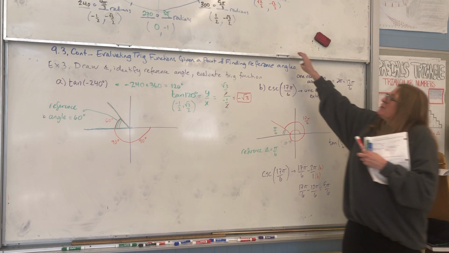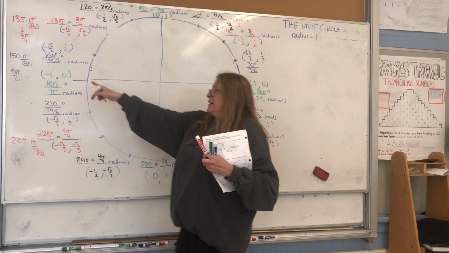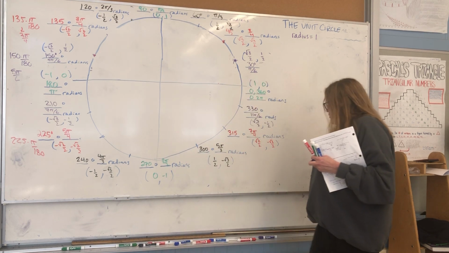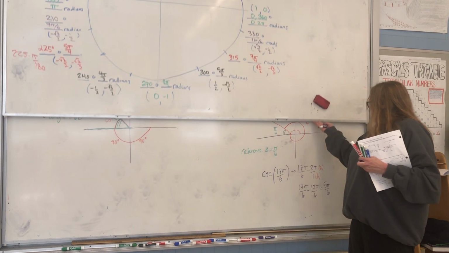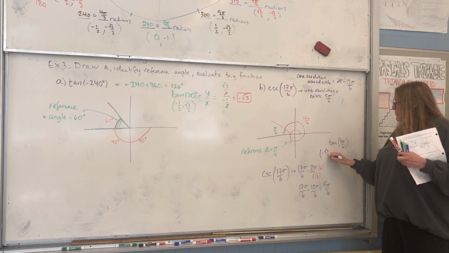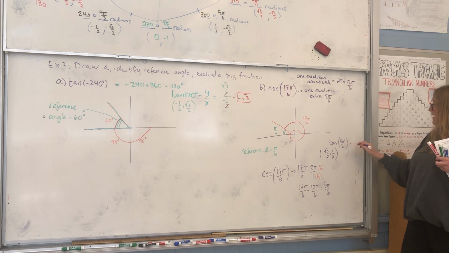Let's go to our unit circle and find 5 pi over 6. There it is. Coordinates are negative root 3 over 2 comma 1/2. And the tangent is equal to the y coordinate divided by the x coordinate.